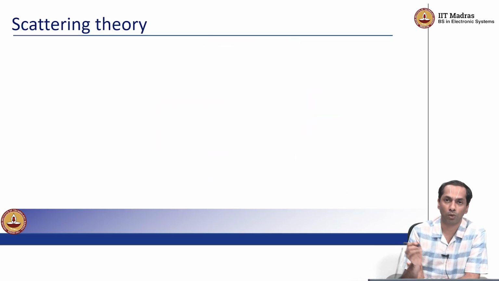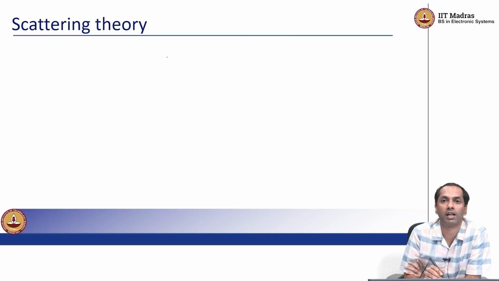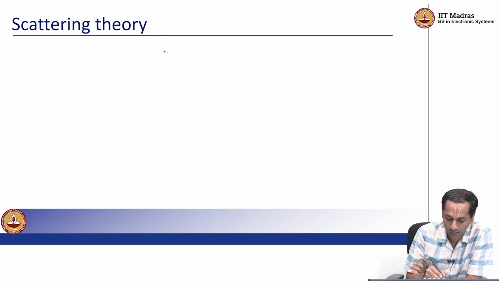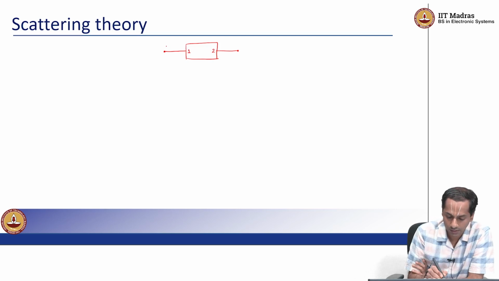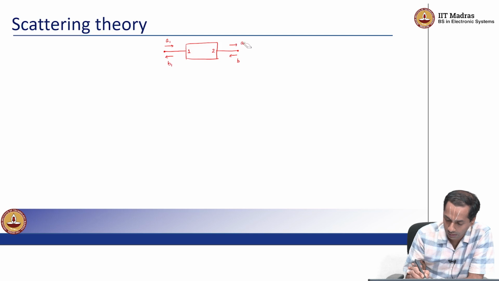So let us move our focus from an n-port scattering theory to simple linear two-port components. So I only have two ports, port number 1 and port number 2. So I can now draw A1, B1, A2, B2, sorry.